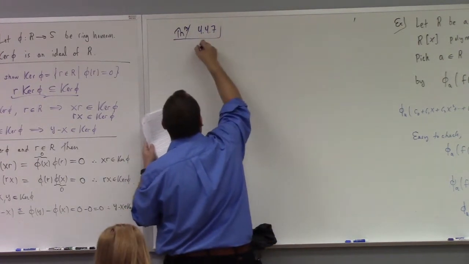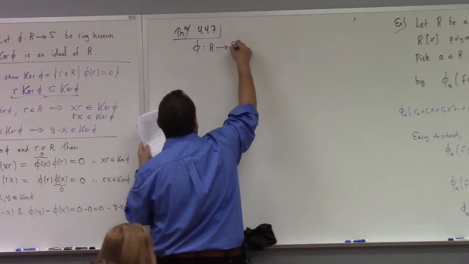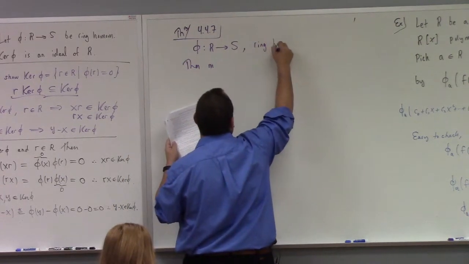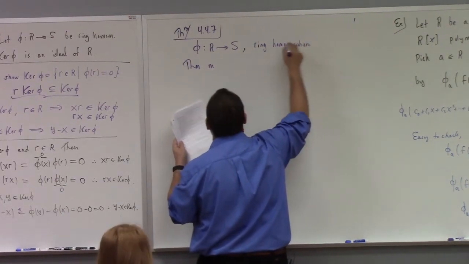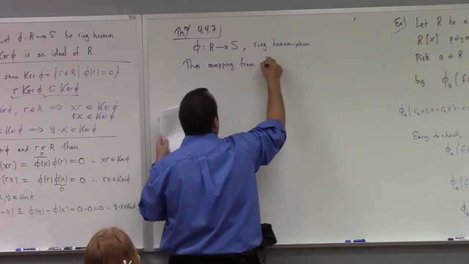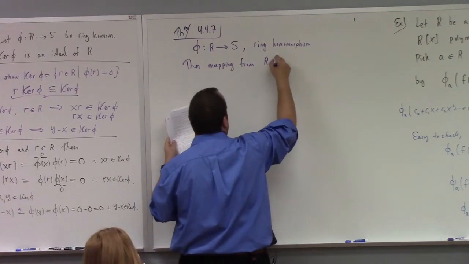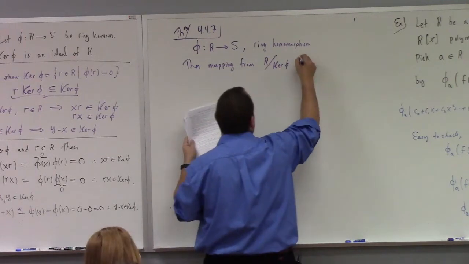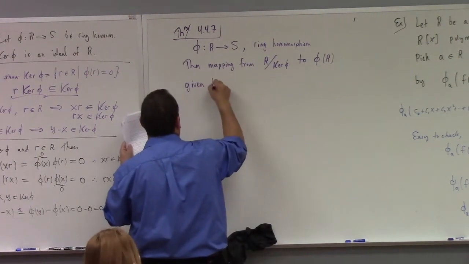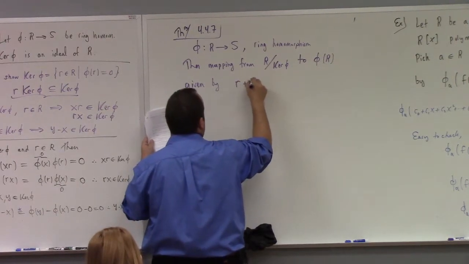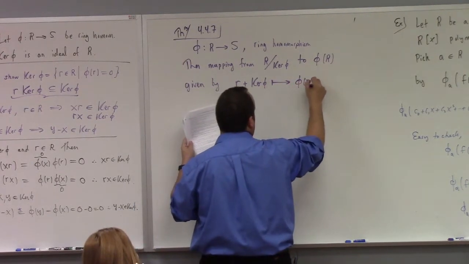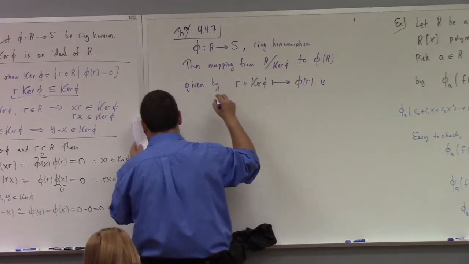If you have phi, a ring homomorphism of rings R and S, then the mapping from the quotient ring, or factor ring if you like, R mod kernel phi, to the image of R under phi, phi of R, given by R plus the kernel maps to phi of R, is a ring isomorphism.